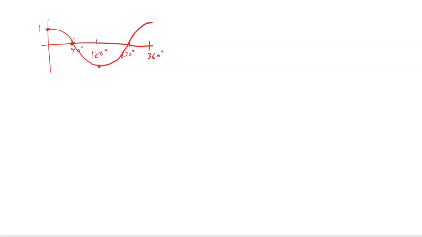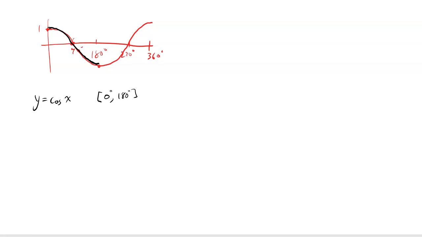All right, this still doesn't pass the horizontal line test, but if you choose only from 0 till 180 degrees, in other words, y equals cosine of x, where your angle is between 0 degrees to 180 degrees, then your cosine inverse does work.